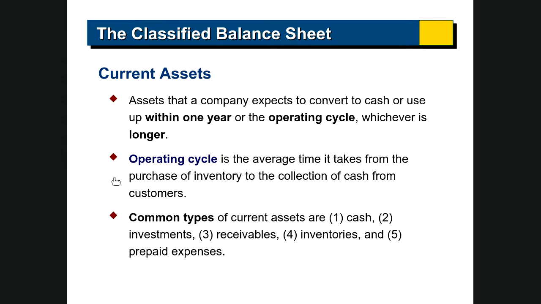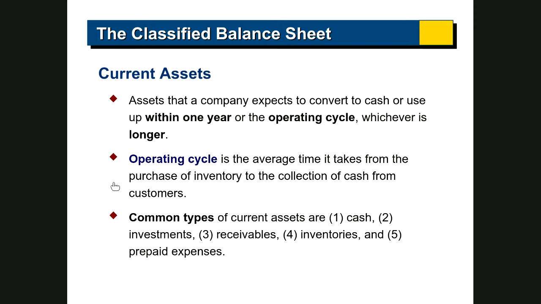Maybe it would take them longer than 1 year in certain cases to build even the asset. In that case, the operating cycle is longer than the year. But the idea of current assets is that anything that you're going to use in a very short period of time, maximum of 1 year in most cases.